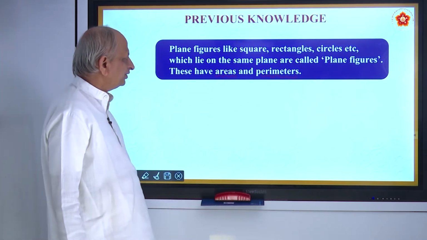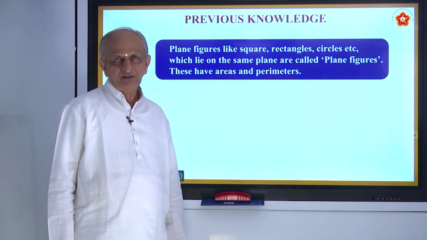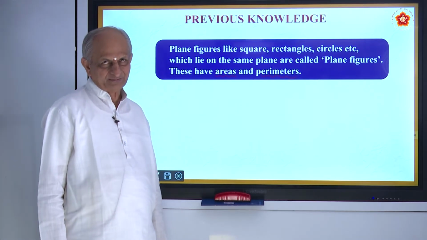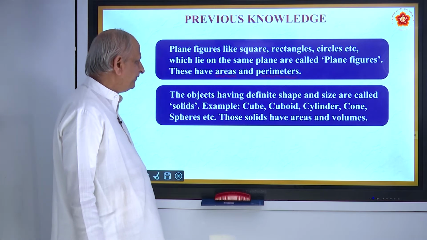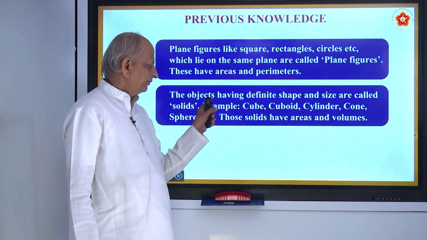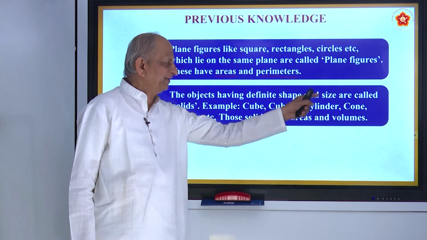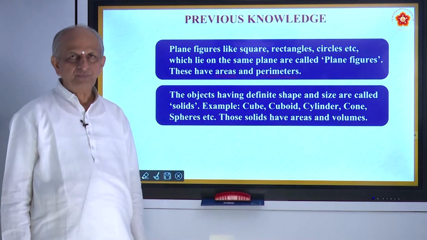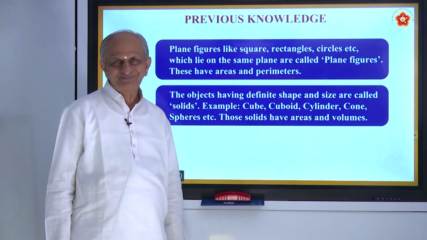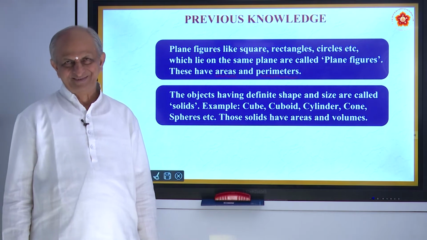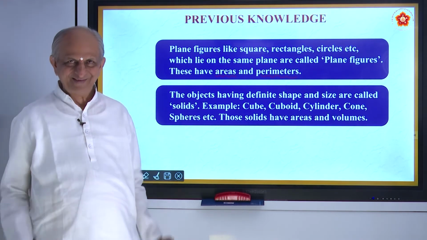So these are things which you have already seen in your classes earlier, is it not? Also you know about objects which have definite shape and size, which are called solids. Solid means strong.